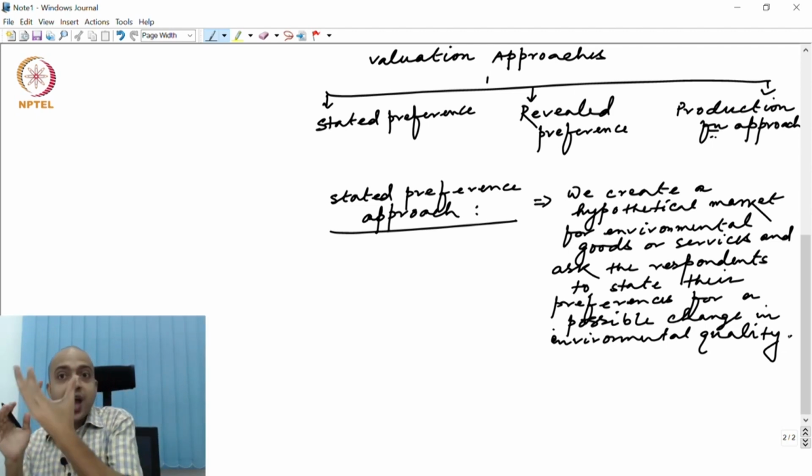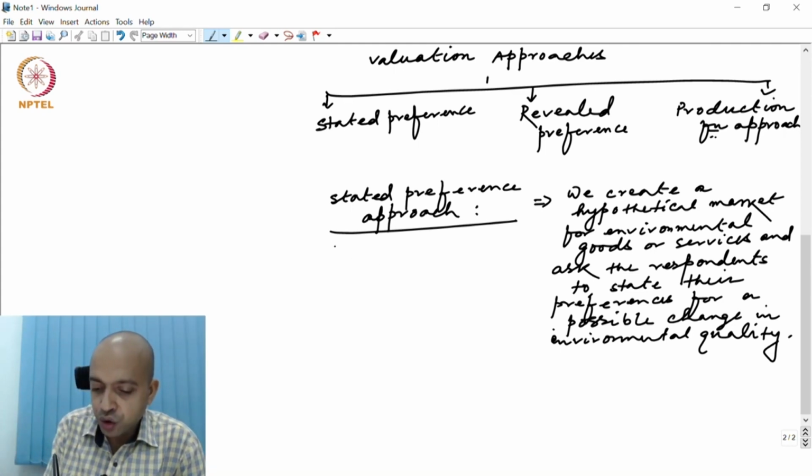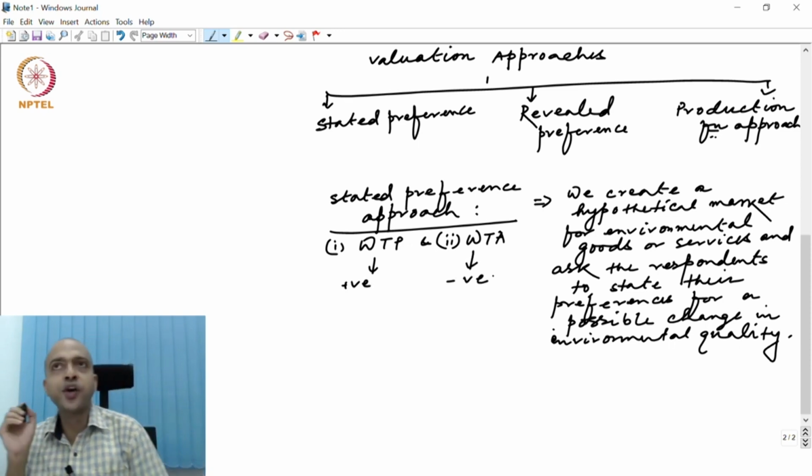By quantifying the amount they would be willing to pay or accept, we will estimate their preference. Okay, so that means stated preference approach depends on willingness to pay, or WTP, and willingness to accept compensation. So this is for a positive change and this is for a negative change in environmental quality.